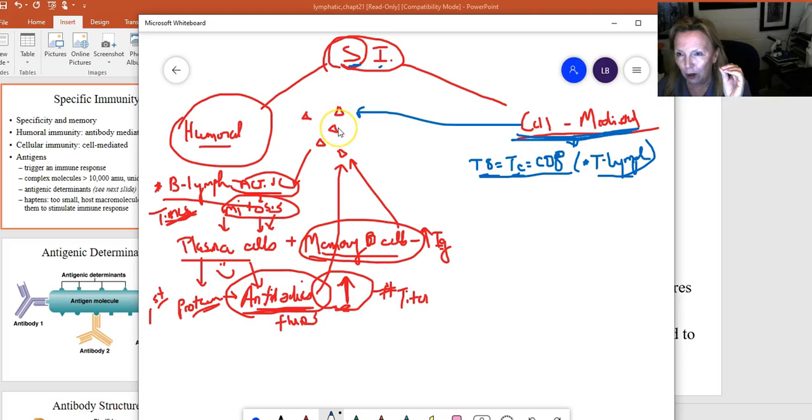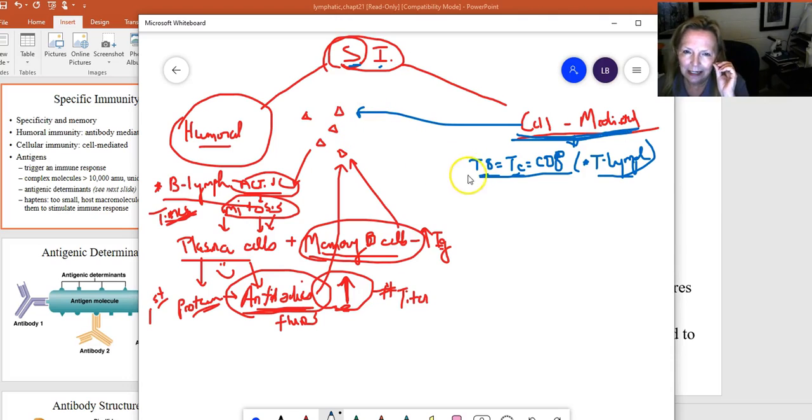When this foreign antigen, maybe a pathogen, maybe not too much of a pathogen, but something foreign, enters into the body, we already know that there's special kind of B cells that are going to be producing antibodies, that the antibodies in the fluids of the body can take this out. But let's look at what these cytotoxic Ts are doing.